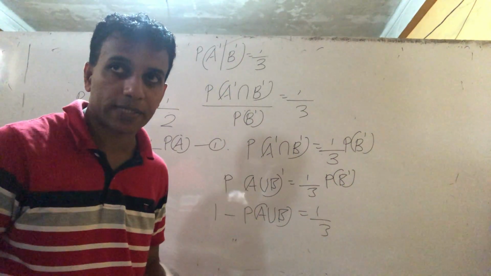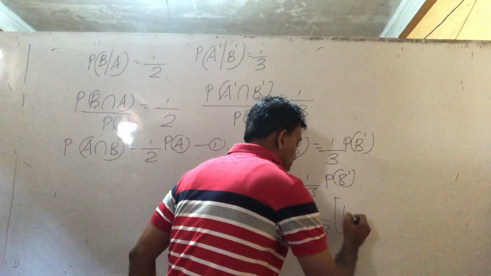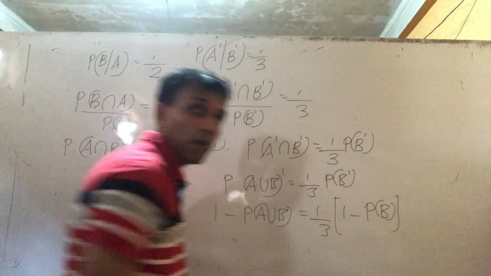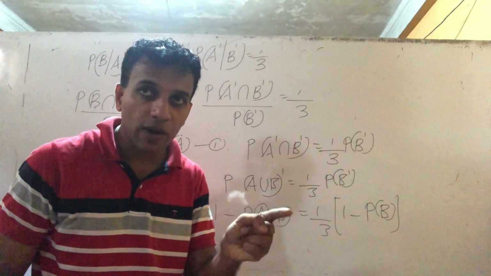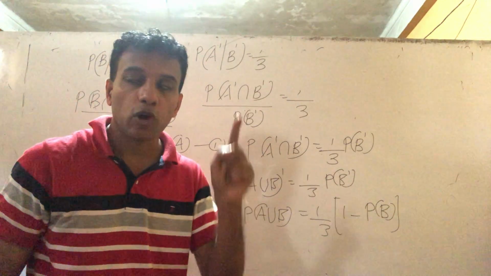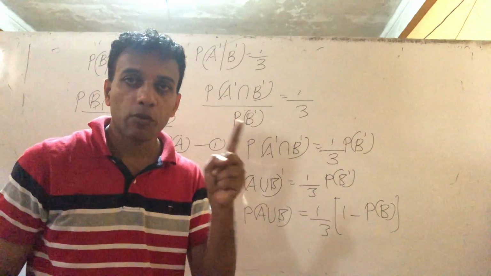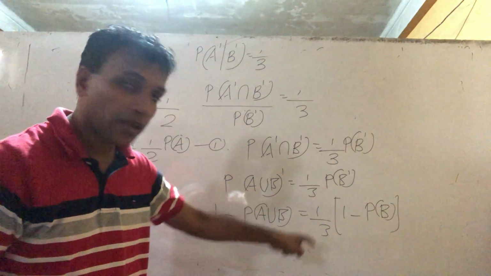B not happening, the same idea, I can write 1 minus PB. One event happening and the same event not happening equal to 1. Probability of A plus probability of A dash equal to 1. Probability of X plus probability of X dash equal to 1. That theory I used, right?